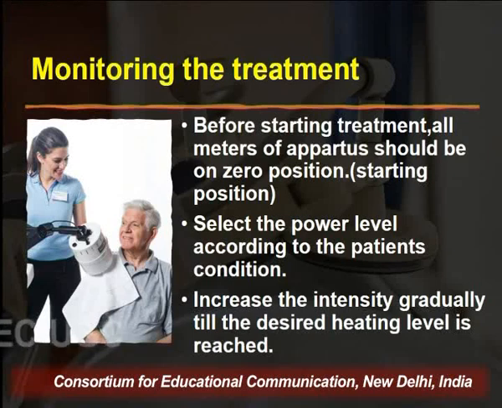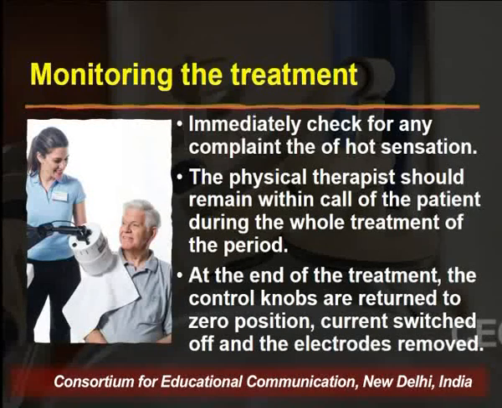Then how will we monitor the treatment? Before starting treatment, all metals of the apparatus should be in the 0 position, the starting position. Then select the power level according to the patient's condition. Increase the intensity gradually till the desired heating level is reached. Then immediately check for any complaint of hot sensation.